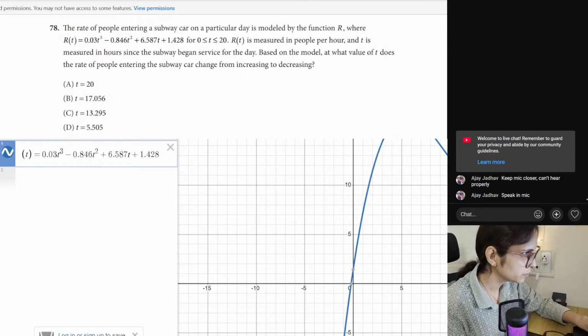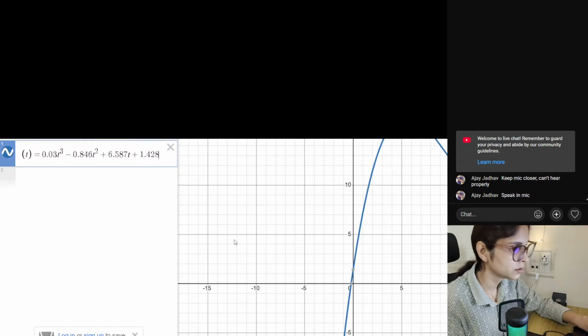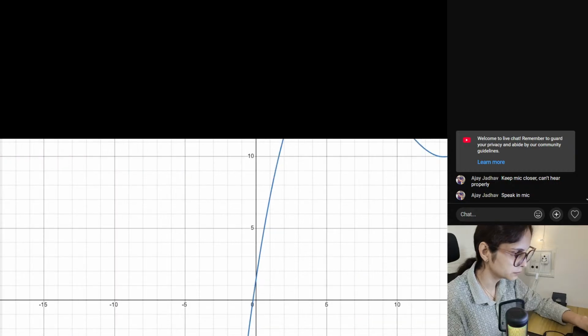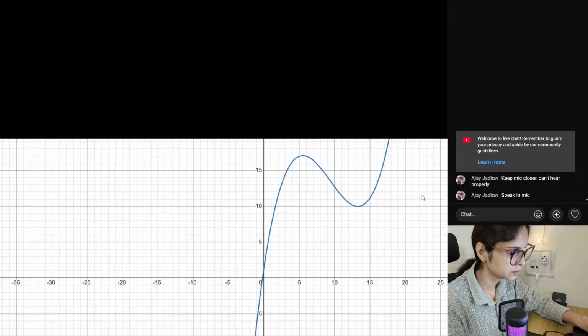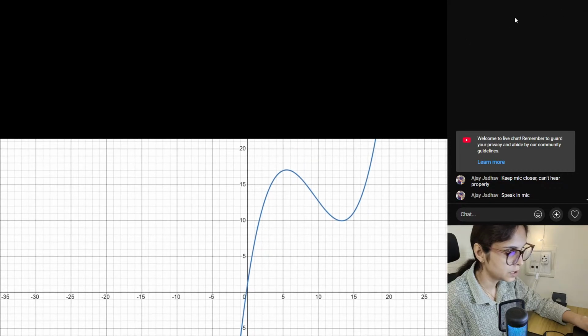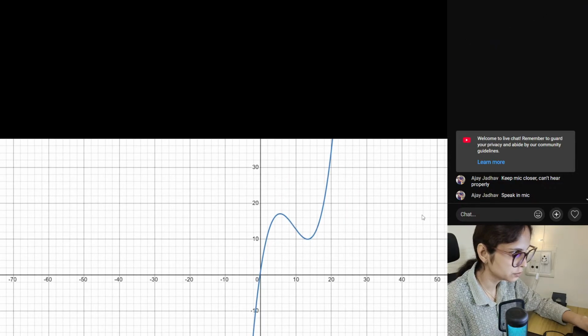So 0.03 t cubed minus 0.846 t squared plus 6.587 t plus 1.428. Great. And now you can see the graph. And we're going from 0 to 20.